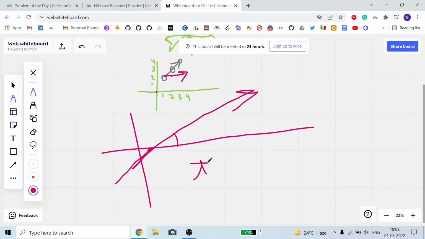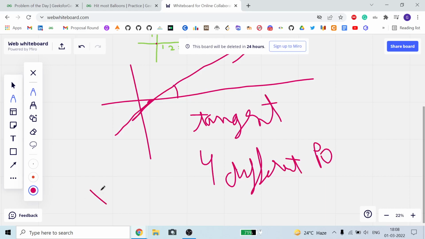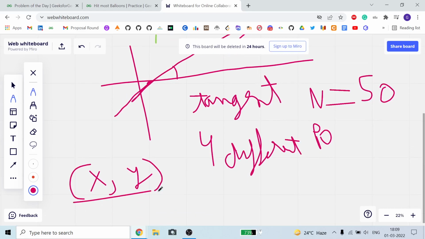So we can find the slope, which means the tangent. If the tangent is equal from one particular point x, y to four different points, and suppose n is equal to 50, and x, y is a single point among them, and four different points a1 b1 to a4 b4.